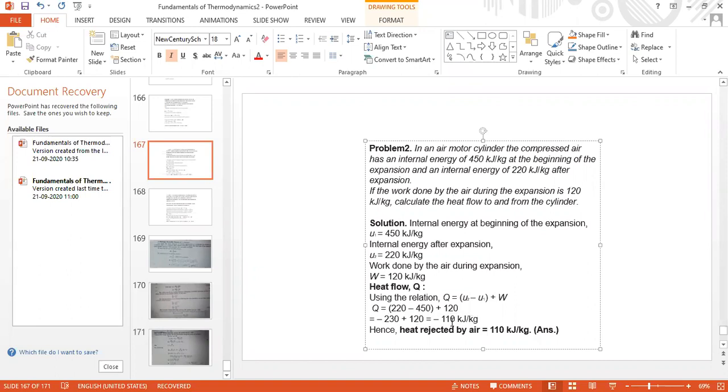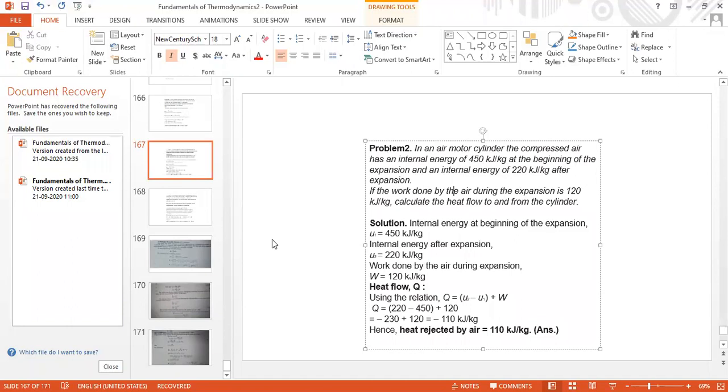And now this has a negative sign. What does this mean? Q is negative. What will you conclude if Q is negative? If Q is negative for a certain system, what do you mean by that? In the earlier problem, we were given the Q value, but not here in this problem.